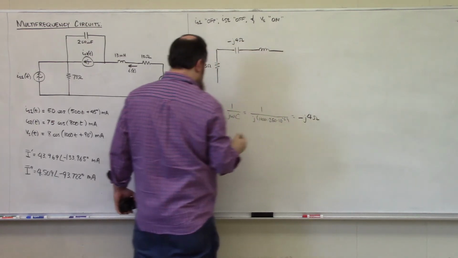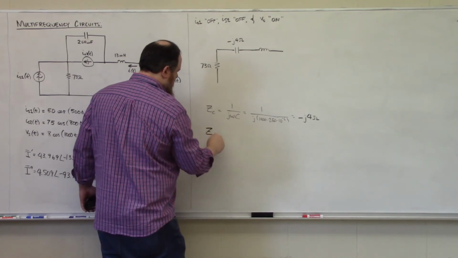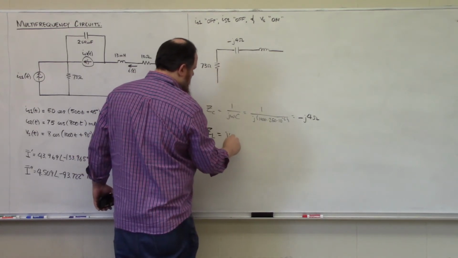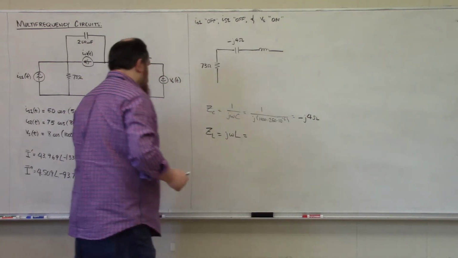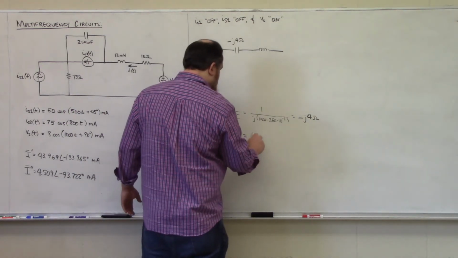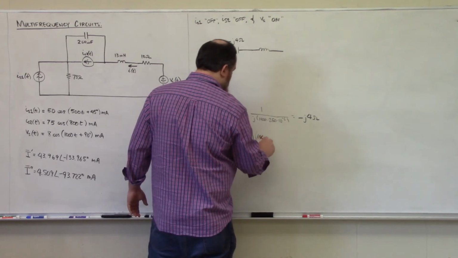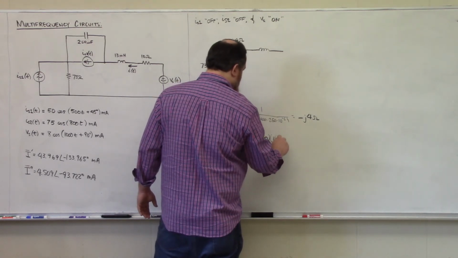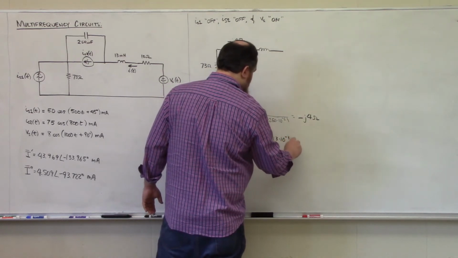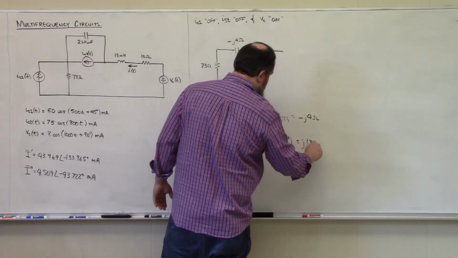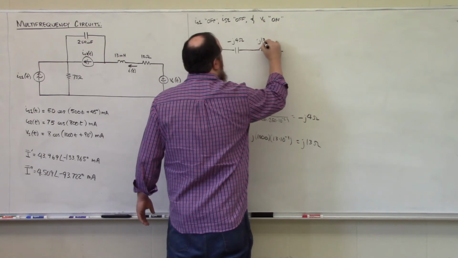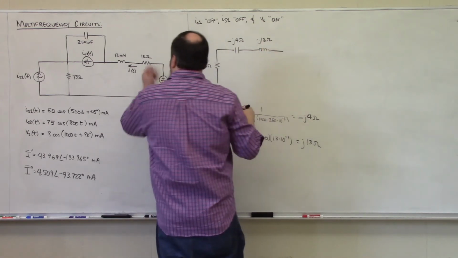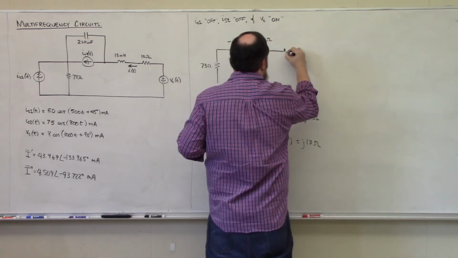Here's my inductor, where the impedance of an inductor is J omega L. This one I can do in my head, so it's J times 1,000 times 13 times 10 to the minus 3, which is equal to positive J13 ohms. My 10 ohm resistor.